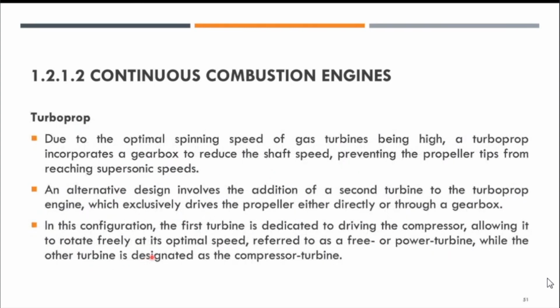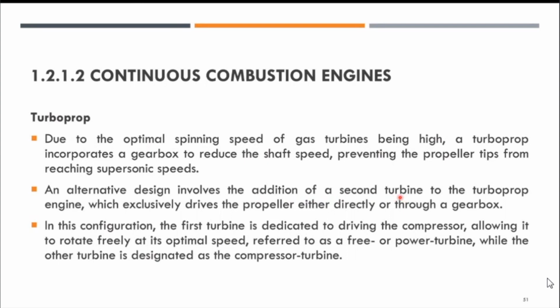Due to the optimal spinning speed of a gas turbine, which is normally very high, a turboprop will incorporate a gearbox, because it has to reduce the shaft speed to prevent the propeller tips from reaching supersonic speed, and you do not want that to happen. An alternative design normally involves the addition of a second turbine to the turboprop.